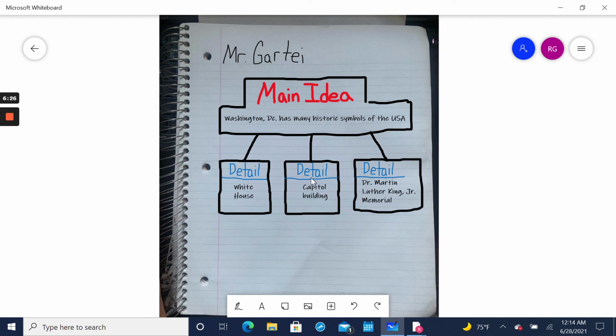Each of these details tells us which one of the historic symbols we looked at in the story. My question to you is, what other historic symbols did they visit? Brainstorm with your class and add some other key details to this main idea. What other places did they visit? Have fun brainstorming.